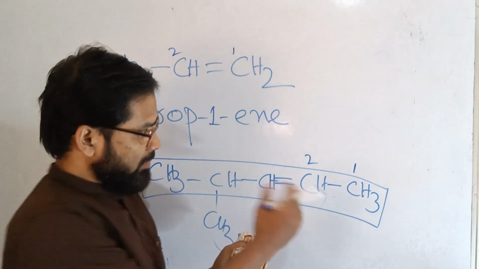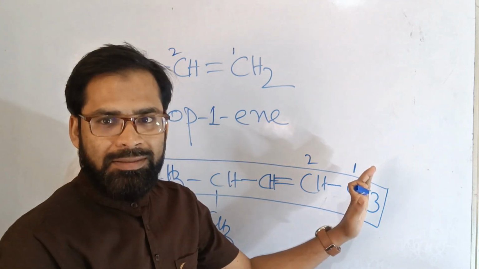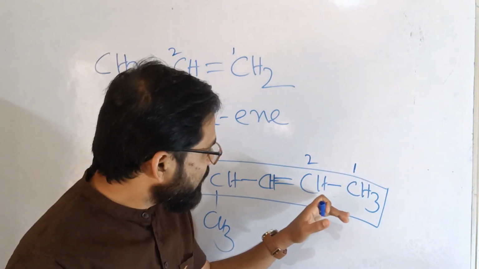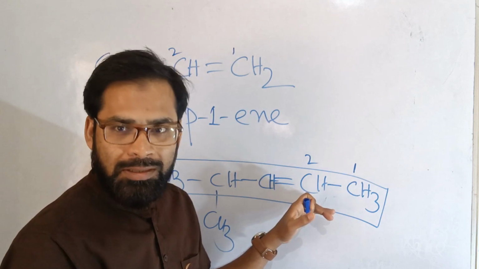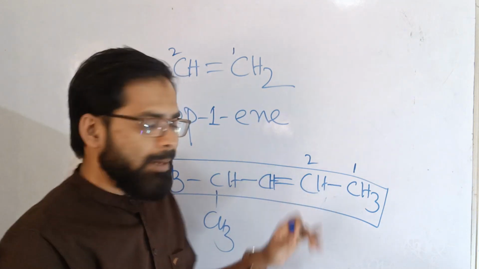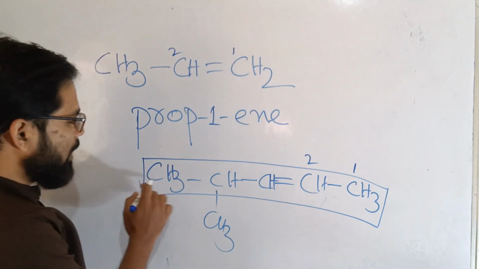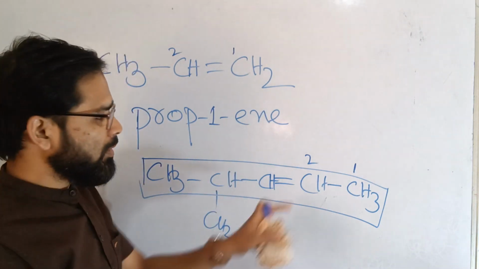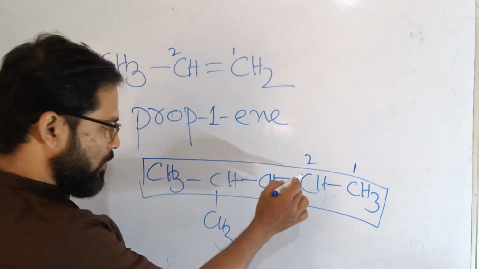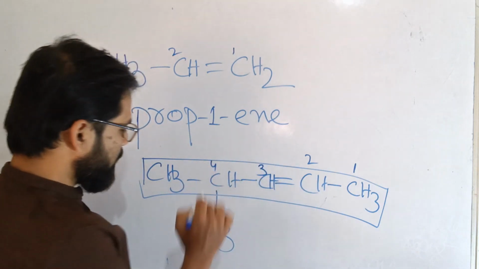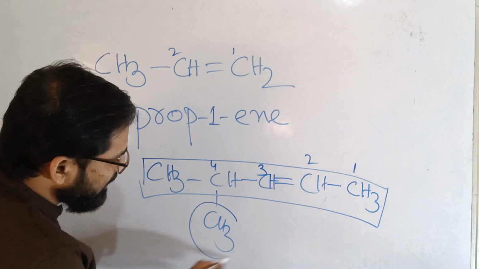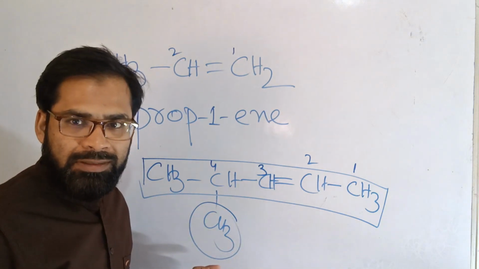If it starts from the right side, the second carbon gets the double bond. But if you start from the left side, 1, 2, 3, it is the third carbon. So here we take the lesser number, 2. Then 3, 4.